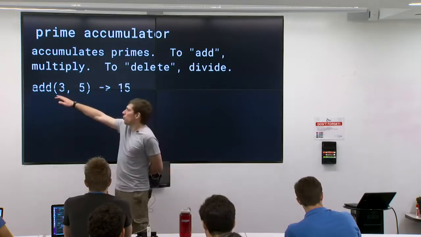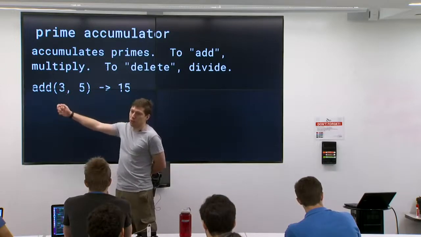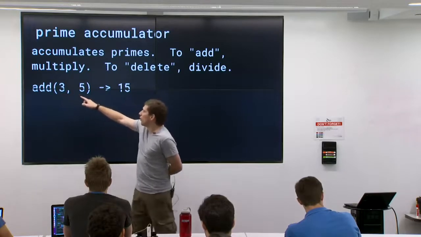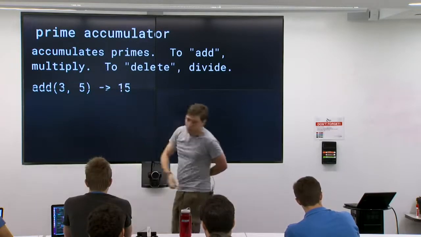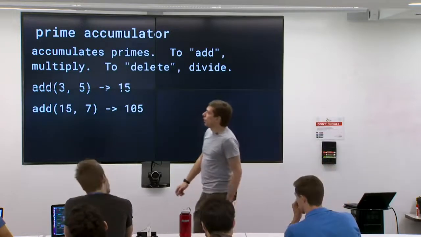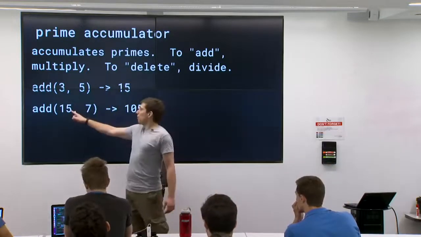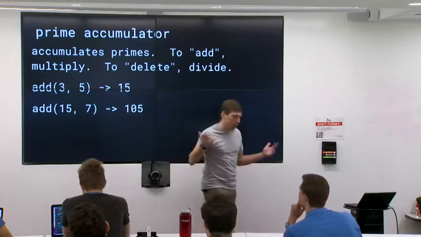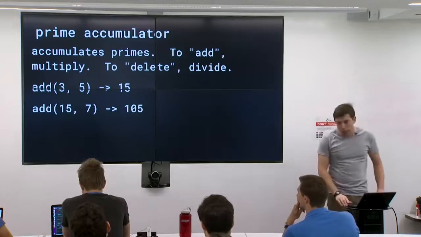Let's say you start with 1 and then you add 3 to the accumulator. You multiply by 3 and you get 3. Now I want to add the number 5, so I multiply by 5, I get 15. And now I want to add 7 to this accumulator. I've got my accumulator, which is 15, I multiply by 7, and I get 105.